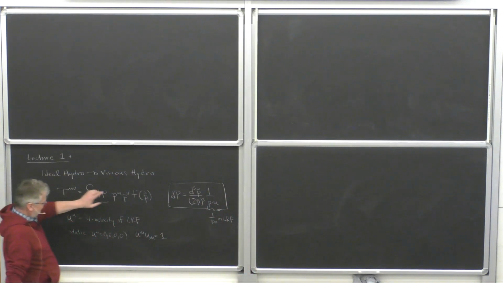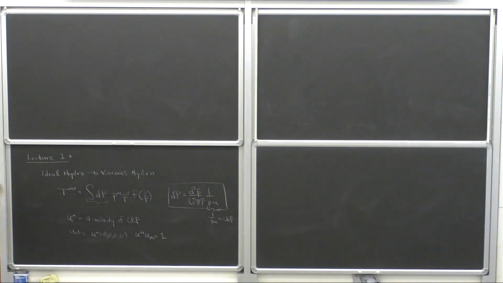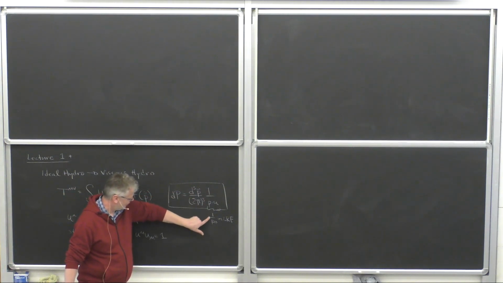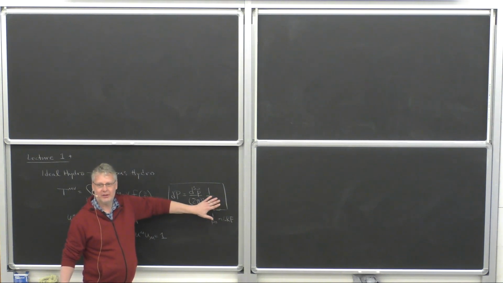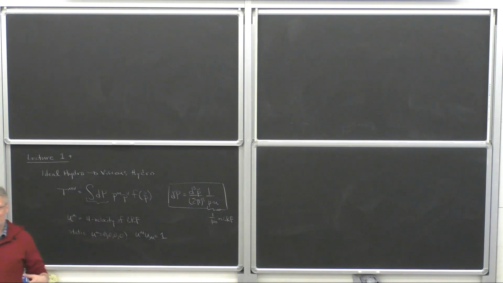And in that case, in the local rest frame, and I'll use this LRF to save myself lots of chalk as we go, this special combination 1 over p dot u just reduces to 1 over p naught, or 1 over the energy. And you might recognize this maybe from quantum mechanics class when you're quantizing theories. It's a Lorentz invariant phase space measure, right?